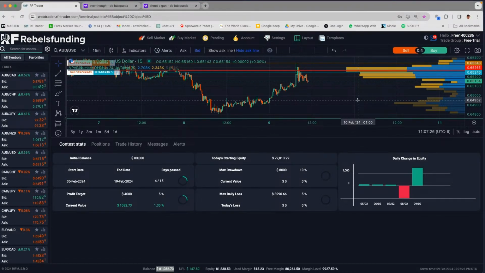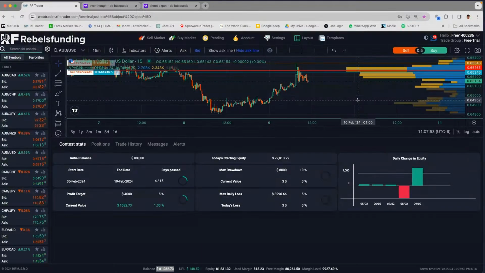Wait, let me just think. Well, the bag is not secured because trades are open and all of them have a stop loss. So we could not end up even with 0.50%.